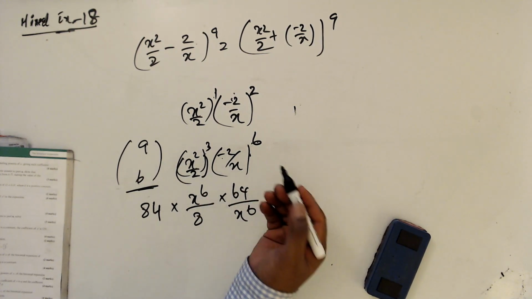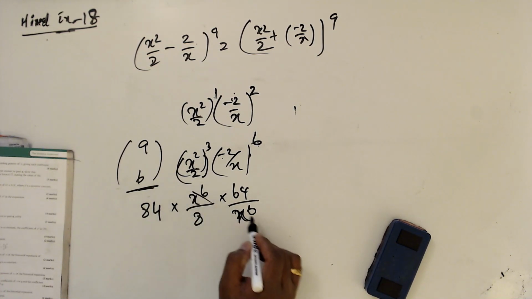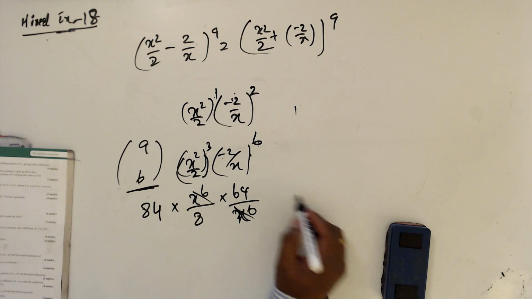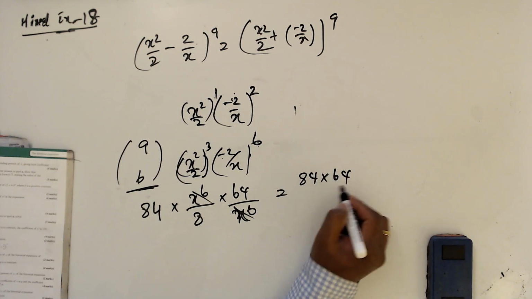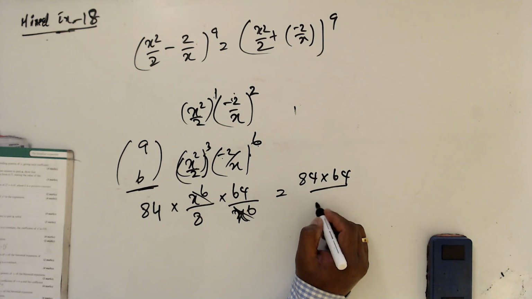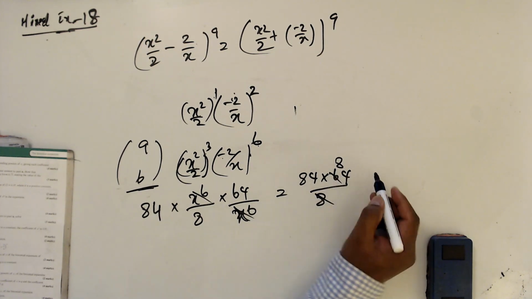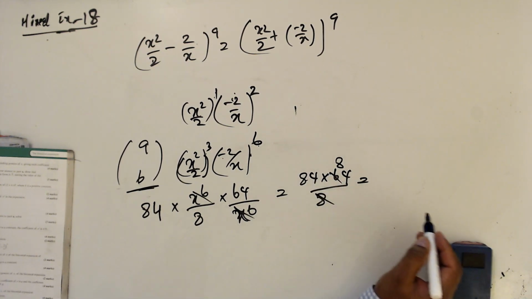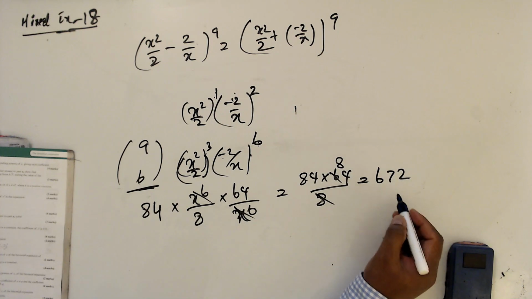The minus will vanish as this is an even power. Now you see that x6 and x6 cancel out and the only thing remaining is 84 times 64 divided by 8. So this is 8. Then 84 times 8 is 672.